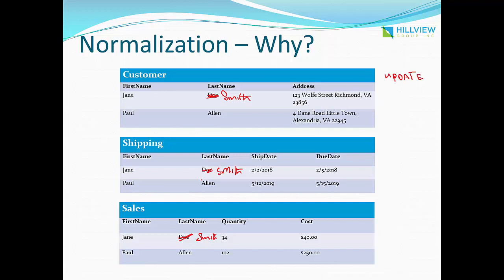Let's say our organization had 100 tables and we had to change the last name in 100 places. You can see that the possibility of us leaving one out and disjoining the data, making the data not tell us a complete story, that probability is higher because we have stored that particular data point in more than one place. Does that make sense?